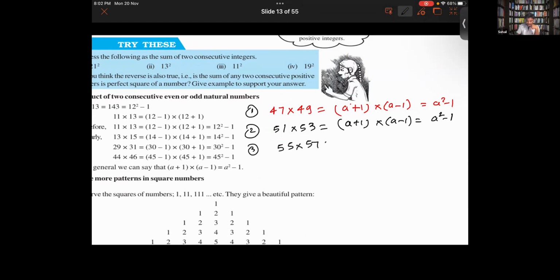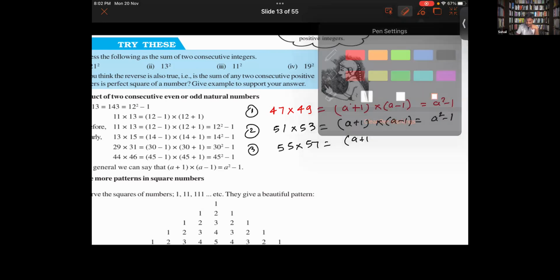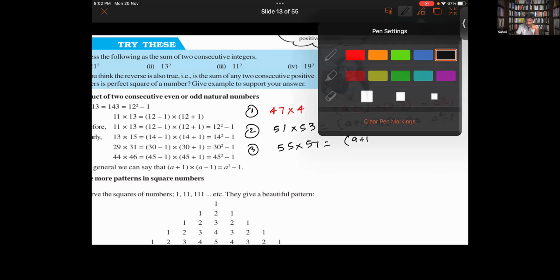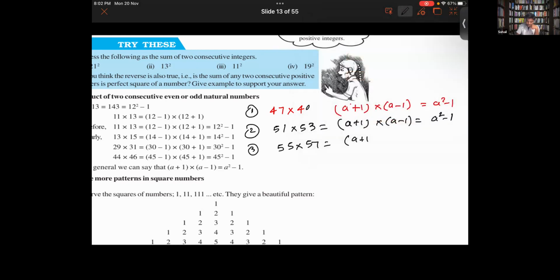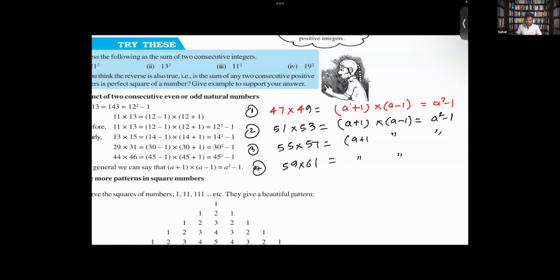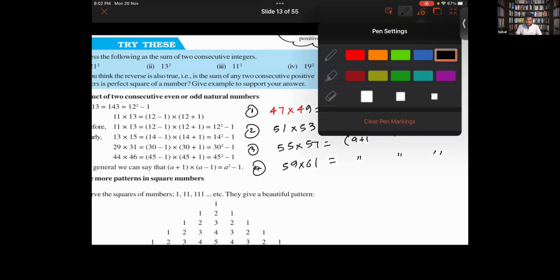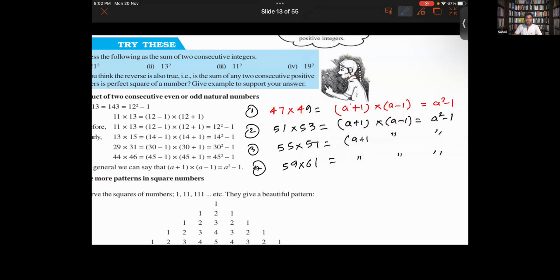Third question, it's the same thing basically. Arham, you do this one. And the fourth question, Ahmed, you do this one. Yeah, what value are you getting? Sir, 48 plus 1 into 48 minus 1. That is 48 square minus 1.